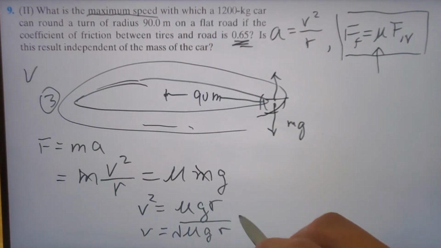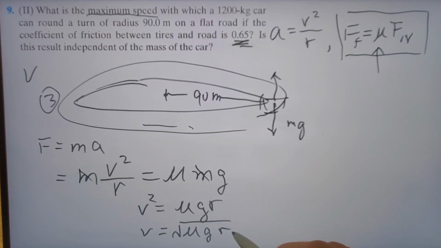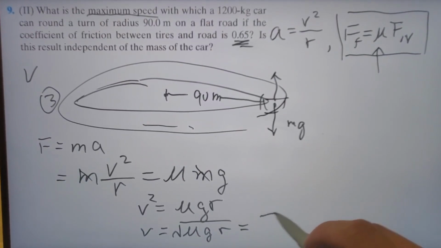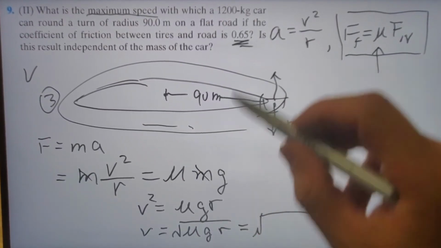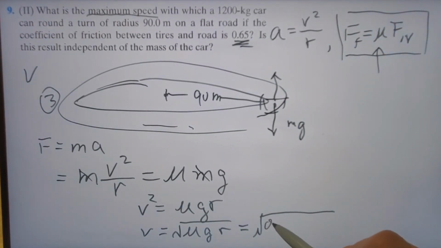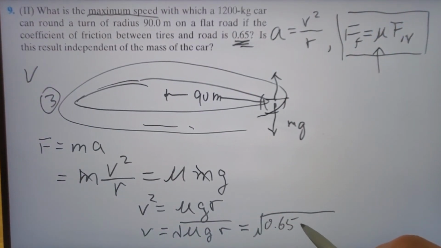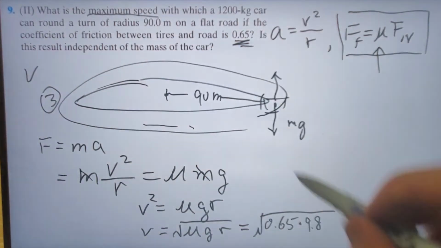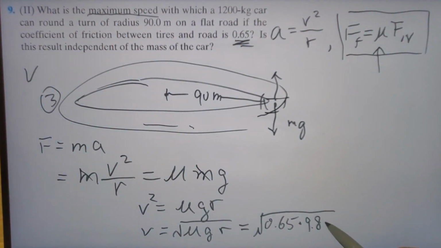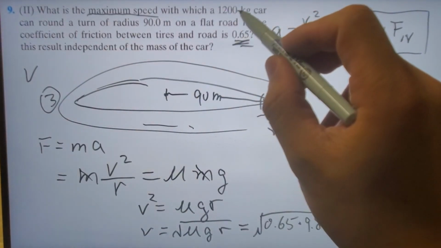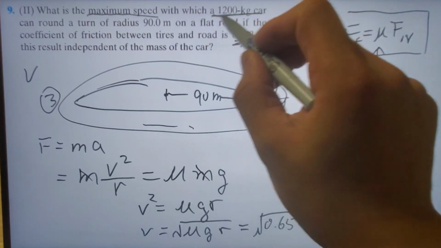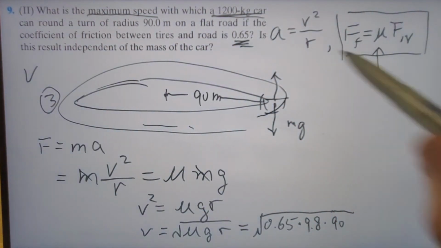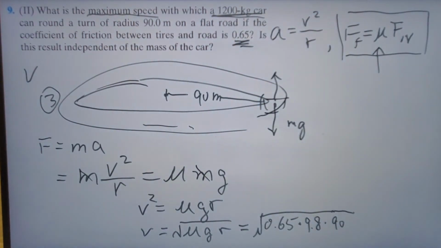All right, so I'm going to plug in everything here. That's equal to the square root of the coefficient, which is given as 0.65, g is 9.8, and the radius r is 90 meters. The mass of the car doesn't matter. No matter what the mass is, the maximum velocity is still the same.